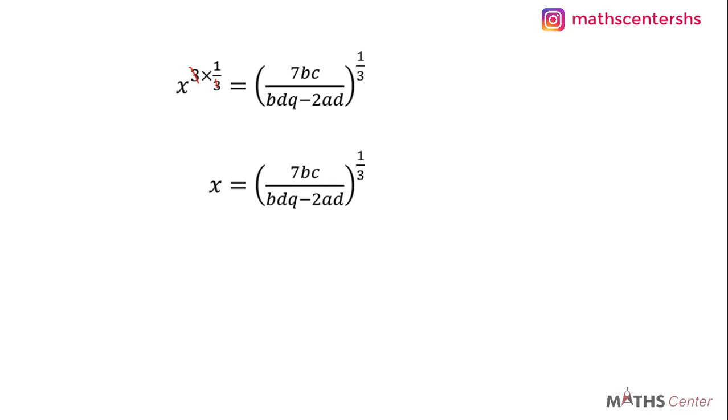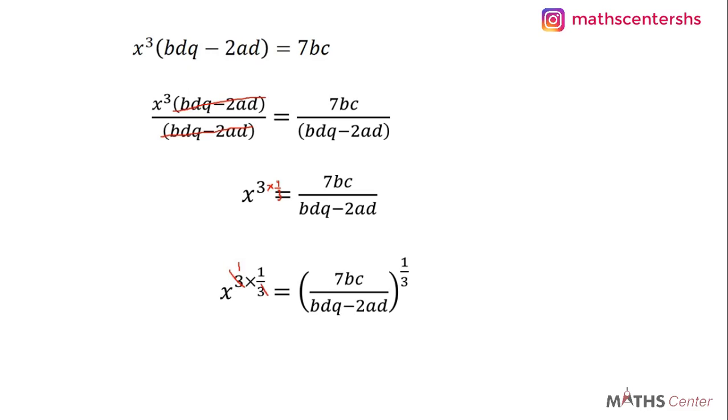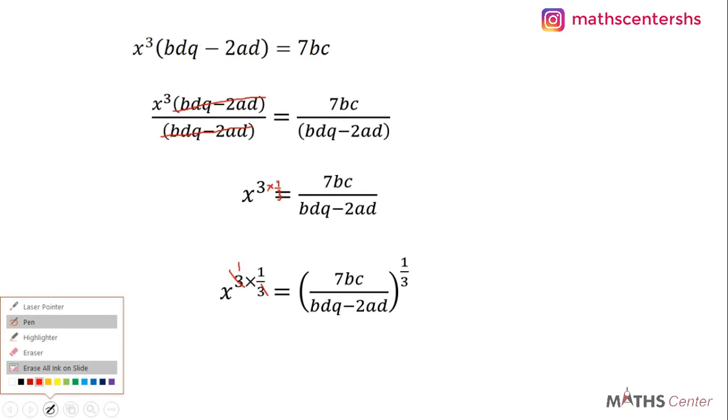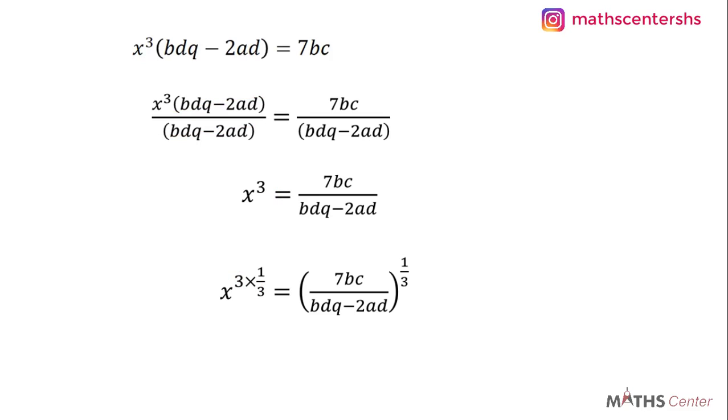So what this means is that, let's go back and look at this. When you get to this side and we have x exponent 4, you multiply it by 1 over 4 and you raise what you have here to the power 1 over 4. This is what I mean.